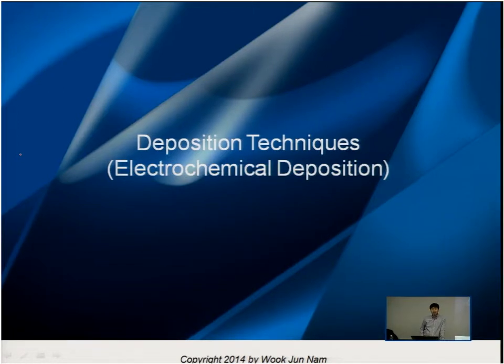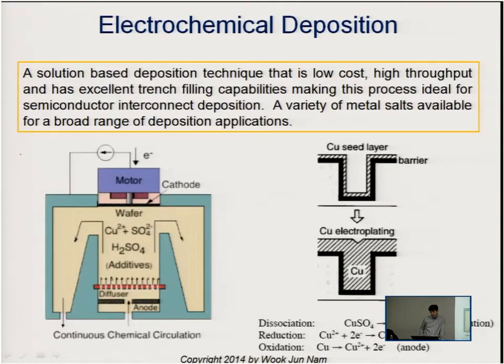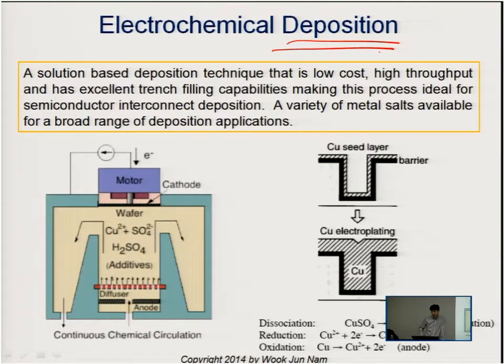The last technique we're going to talk about is electrochemical deposition. Electrochemical deposition is a wet process. It uses electrolyte solutions, and since it needs a seed layer, that is why it is not a popular technique to use.